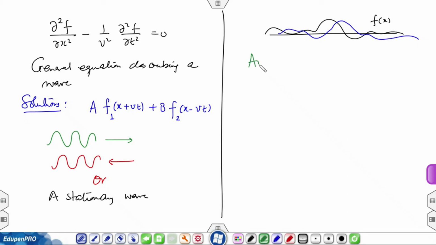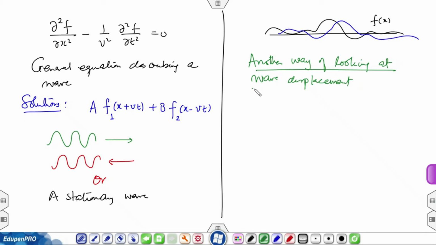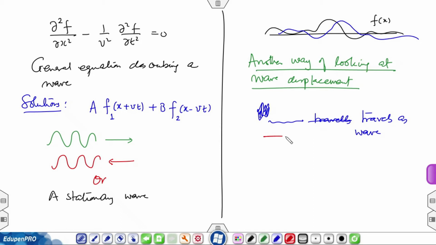Let us look at it another way. I am going to now write another way of looking at the same thing. Suppose I am creating a disturbance at a certain point, and this disturbance travels as a wave. And I am going to ask, at a distance x, at time t, what is the displacement?